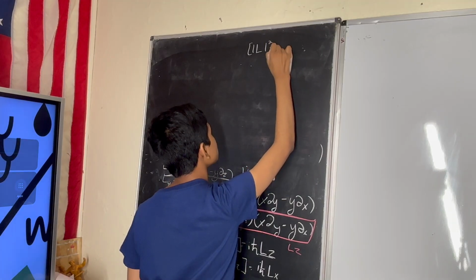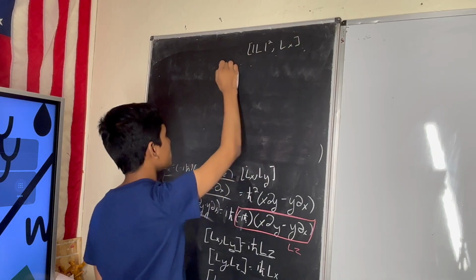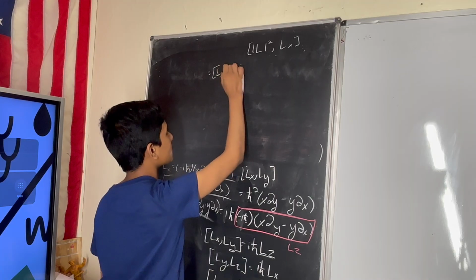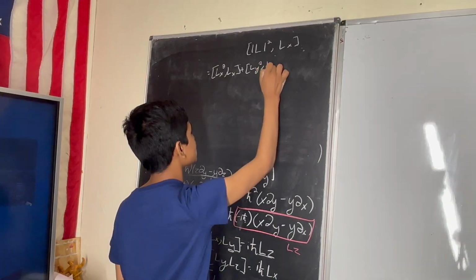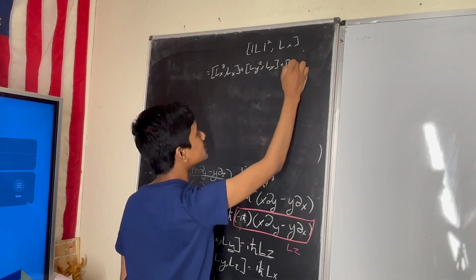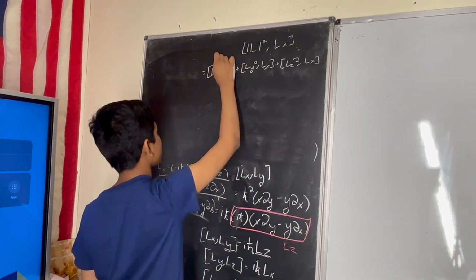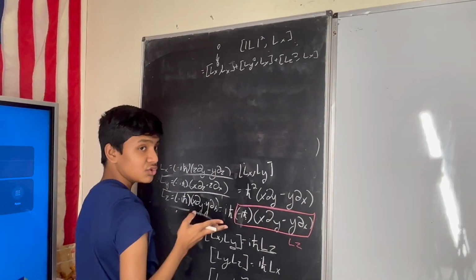So that becomes, let's take it with Lx because that's the first component. What does this give us? Lx squared, Lx, plus Ly squared, Lx, plus Lz squared, Lx. There's no secret that this is just 0 since it's Lx cubed minus Lx cubed.